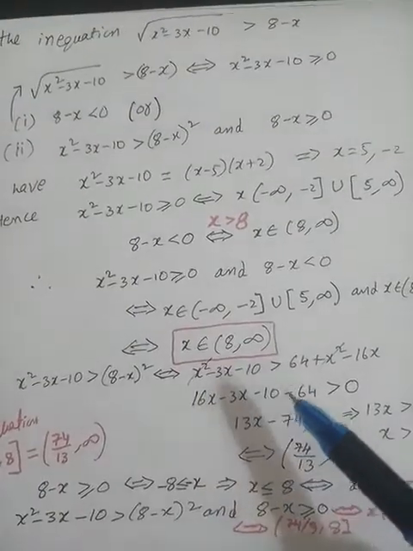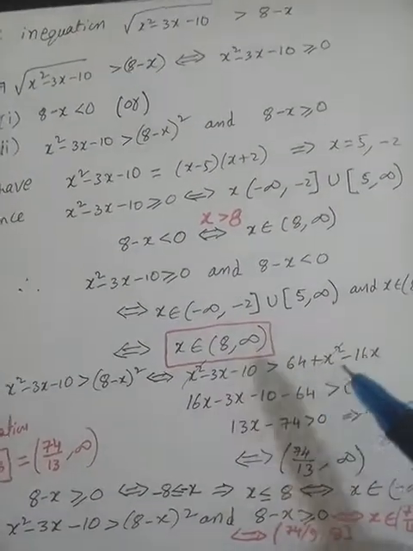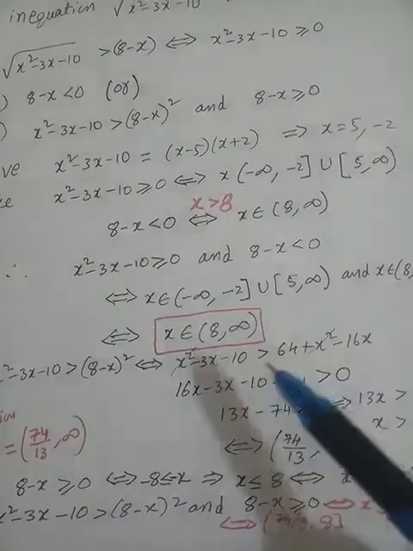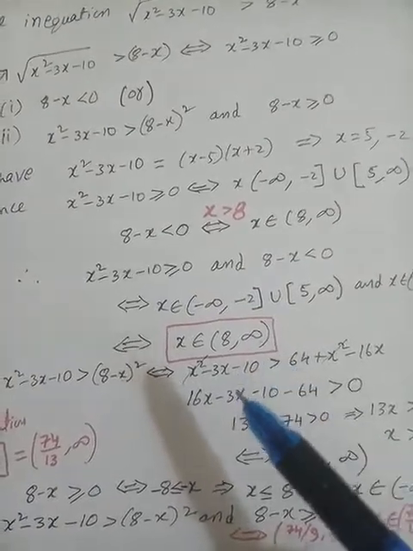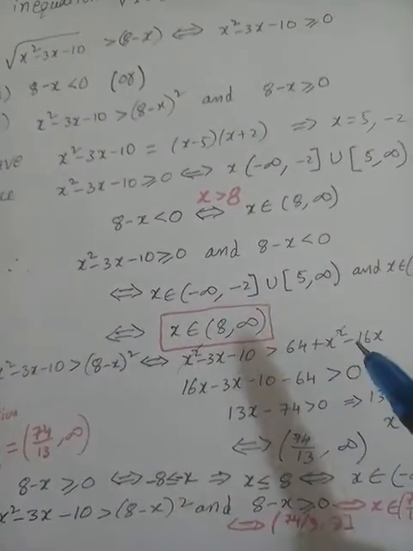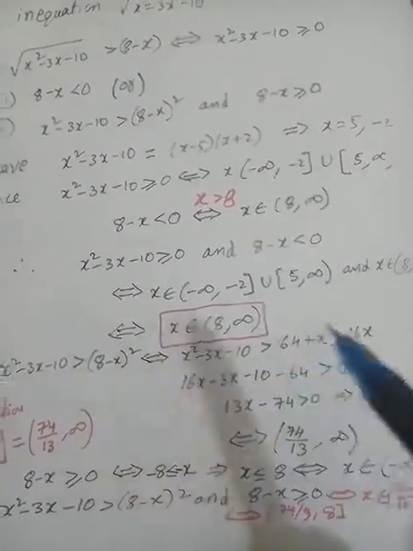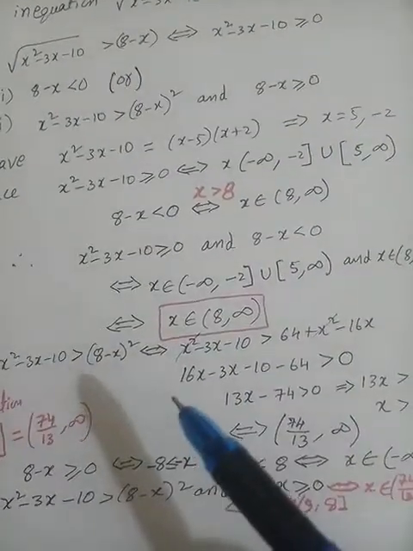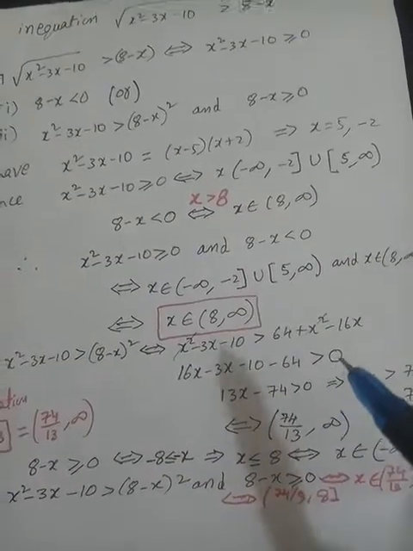So we are left with 16x minus 3x minus 10 minus 64 greater than 0. How did we get this? By bringing this minus 16x to the left hand side, that is the side on which we have minus 3x minus 10. If we bring minus 16x and plus 64 to the left hand side, minus 16x becomes plus 16x, plus 64 becomes minus 64, and that is greater than 0.